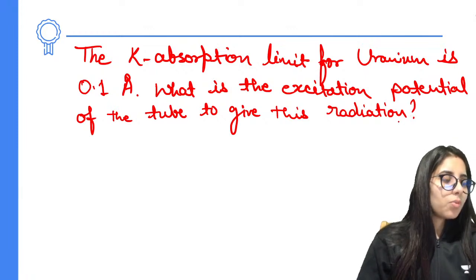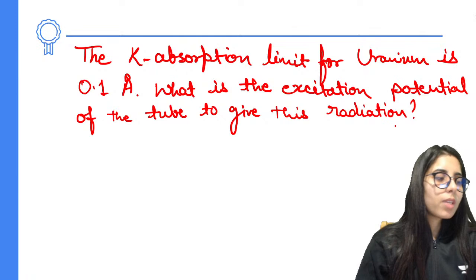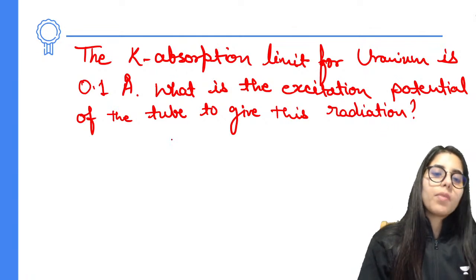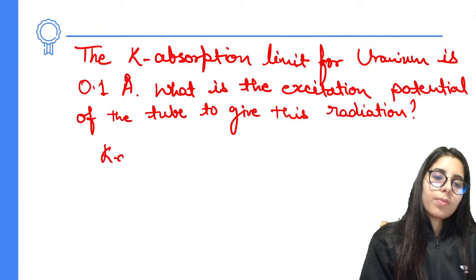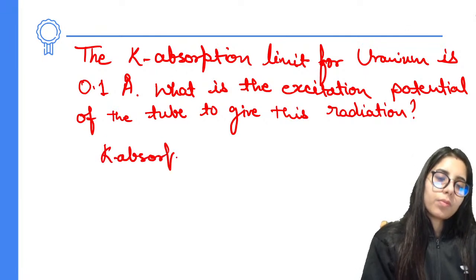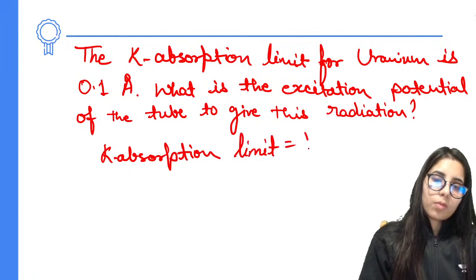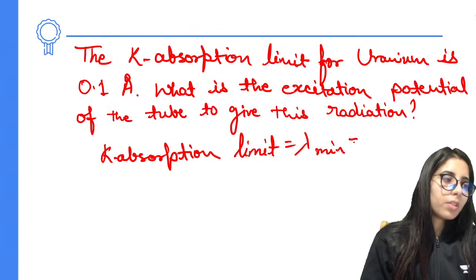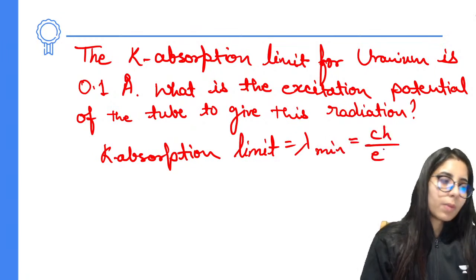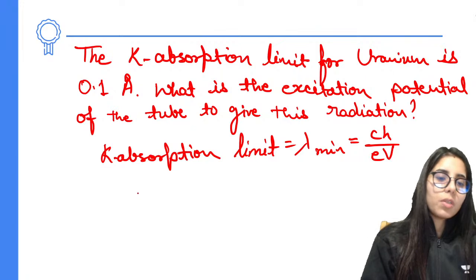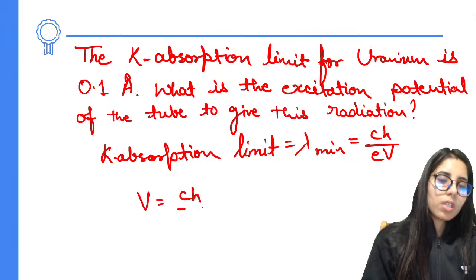Now in this case, we just need to use one formula: the K absorption limit is equal to the minimum wavelength, which is ch upon eV. When you cross multiply, you get V equals ch upon e lambda minimum.